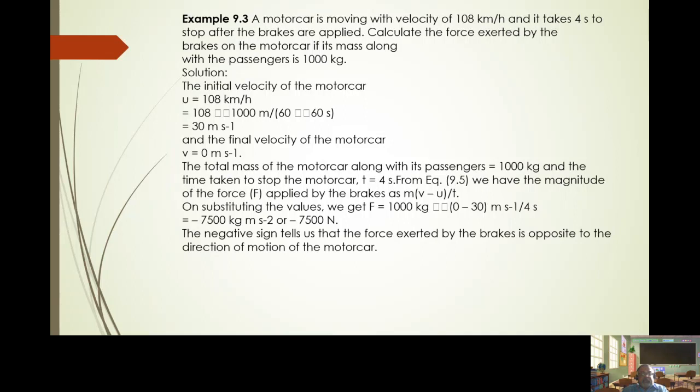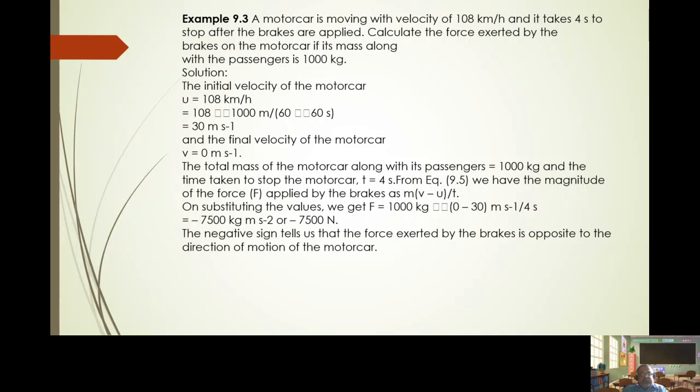The total mass of the motor car with its passengers is 1000 kg and the time taken to stop the car is 4 seconds. From this equation we have the magnitude of the force applied by the brakes. F = m(v - u)/t.